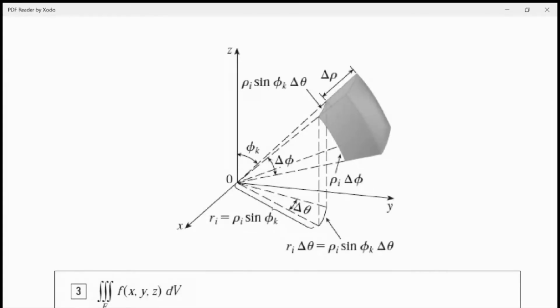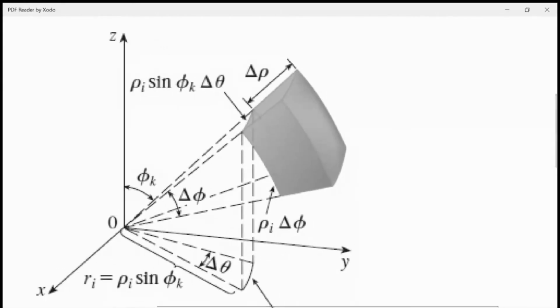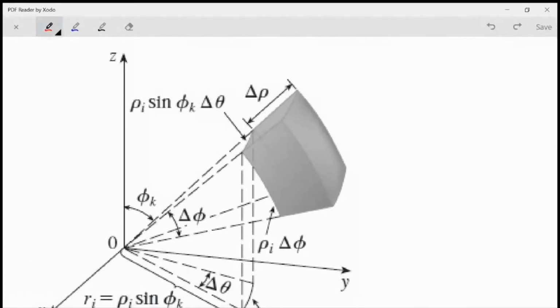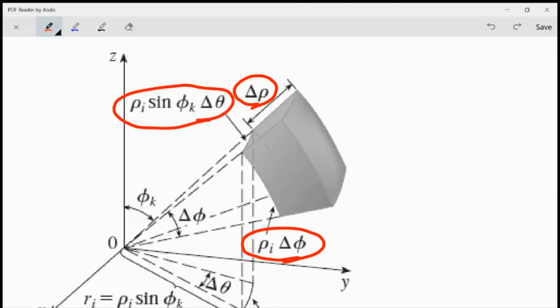Now, to get the dimensions for these, it's a little bit tricky. And this is something we're going to go through in a little bit more detail in class. But the main thing here is we've got three dimensions. And the dimensions that we're looking at when we evaluate the volume of one of these wedges are delta rho, rho delta phi, and rho sine phi delta theta.